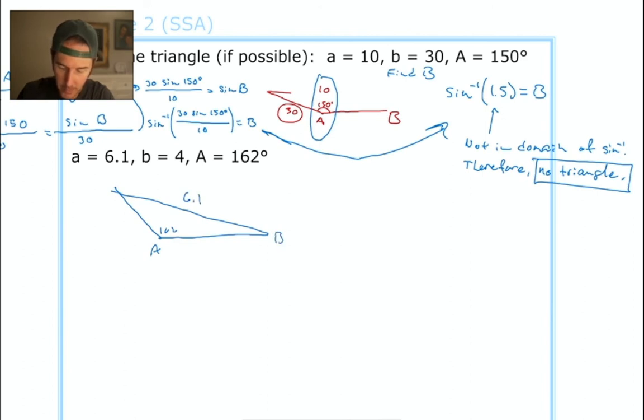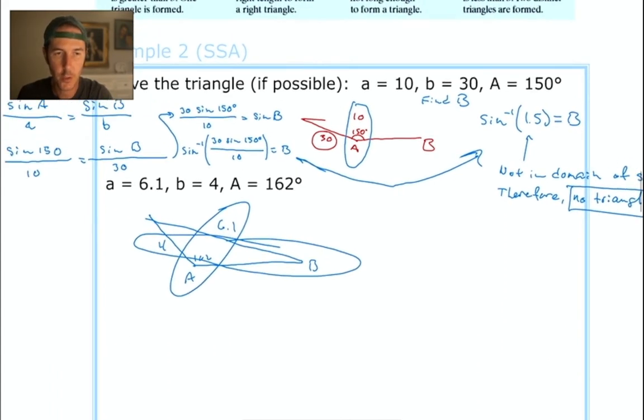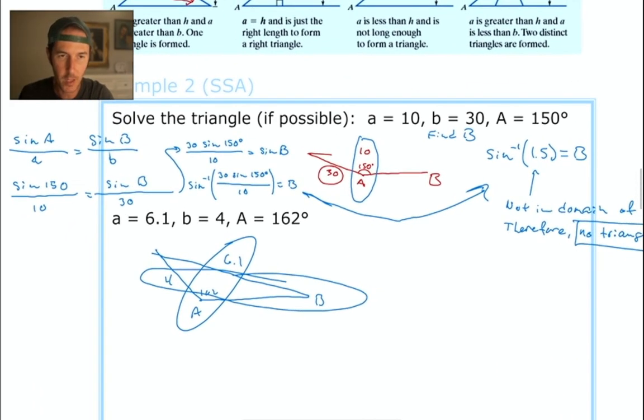And I typically take the B value and put it over there because I was given side length B, which is the 4. So you've got your full pair, and you've got a half of a pair with the angle B, which is unknown, and the given side B, which is 4. So you can use this exact same setup that we started with that's right here and go to town.